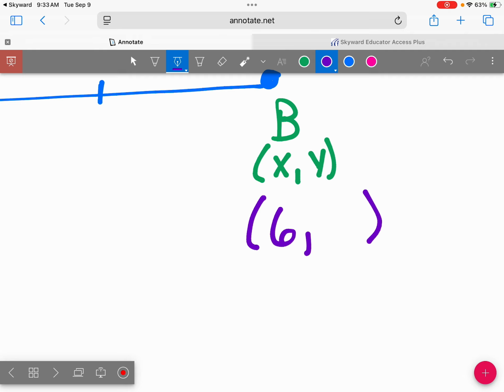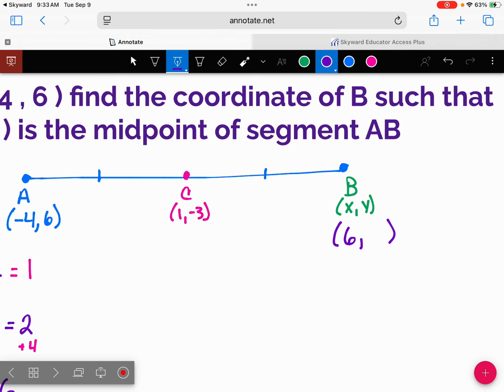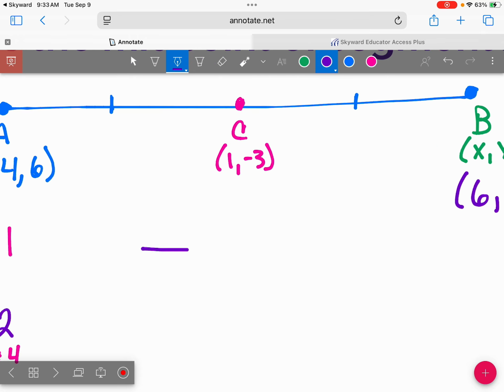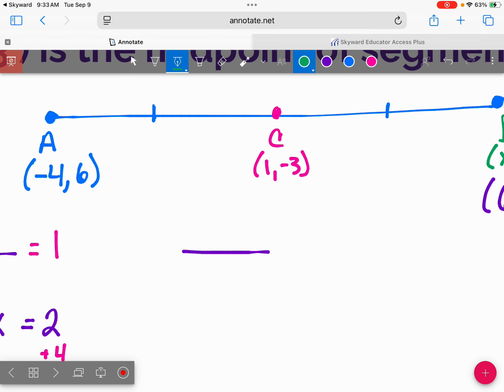We're going to do the same thing to find the y. I know that whatever the y value of A is, plus the y value of B, divided by 2, should equal our negative 3. So we're going to take our 6 plus our y, divided by 2, should equal that negative 3.